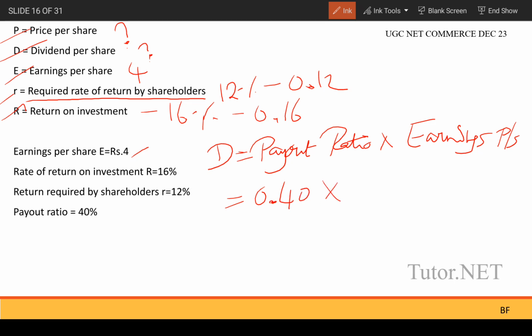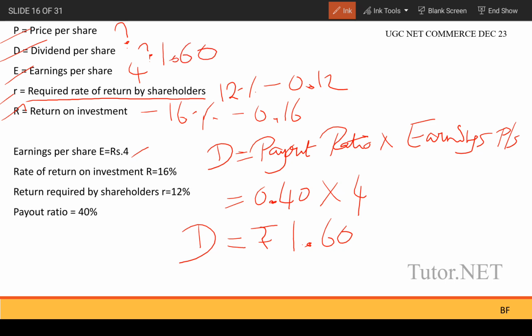Okay, the earnings per share is 4 rupees. So when the share is earning rupees 4, the company is giving only 40% to its shareholders, which is rupees 1.60. 1 rupee 60 paise is all the company is giving to its shareholders. It is the dividend. Okay, so we get D as 1.60.